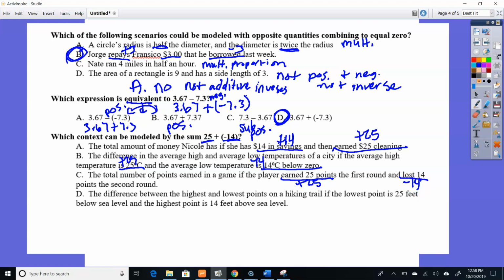So that looks like it has potential to be the answer as well. D: The difference between the highest and lowest points on a hill. If the lowest point is 25 feet below sea level, so that's negative 25, and the highest point is 14 feet above, so that's positive 14. So that can't be the answer either.